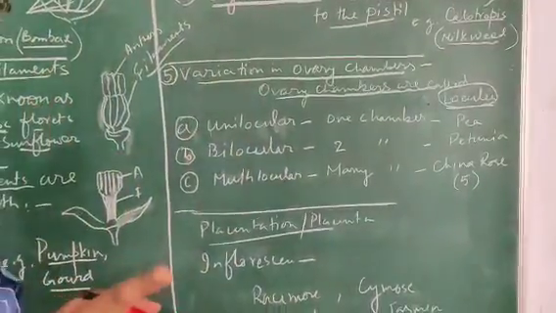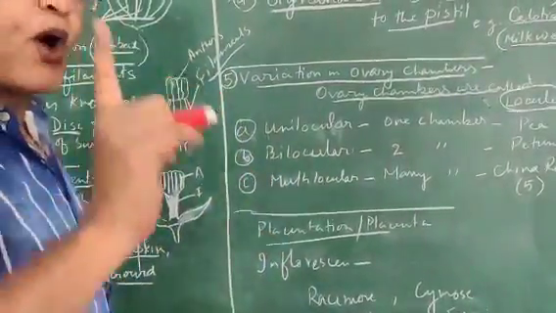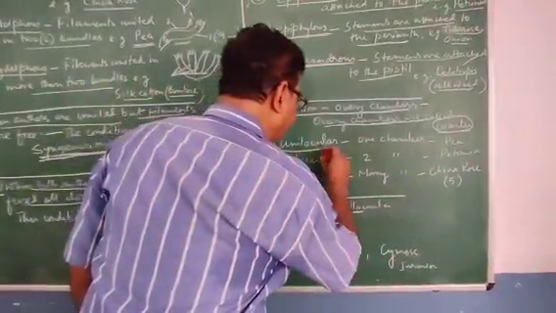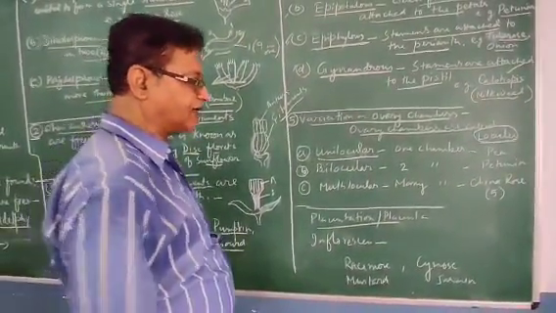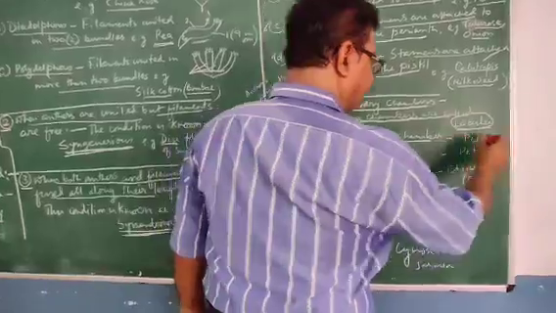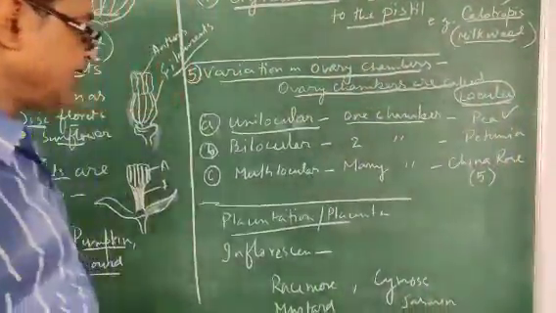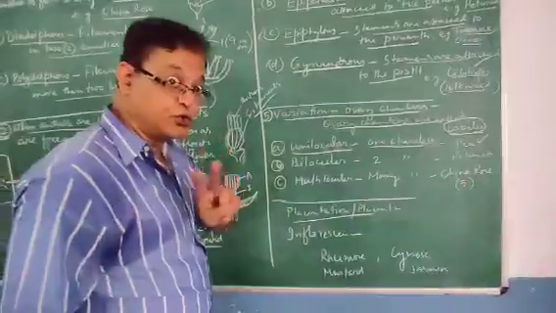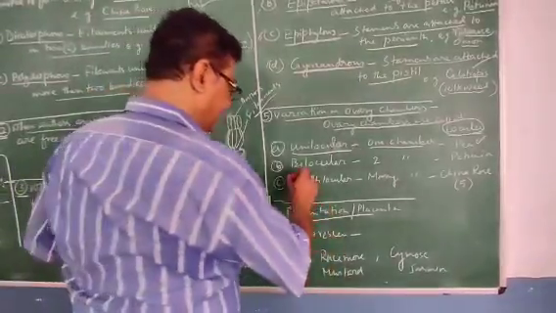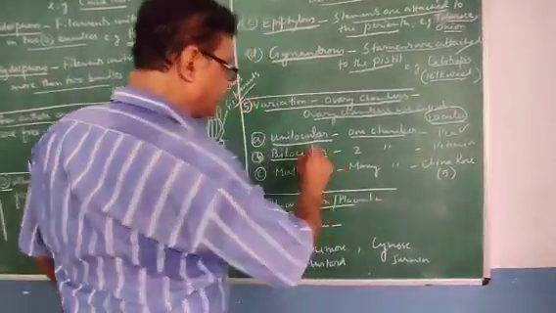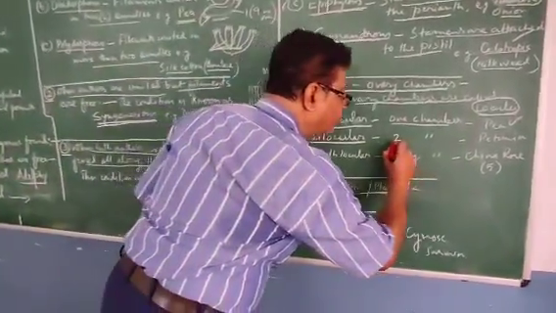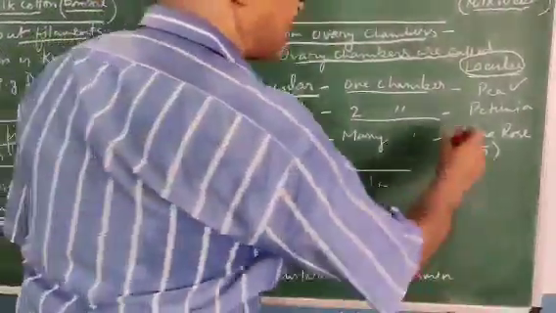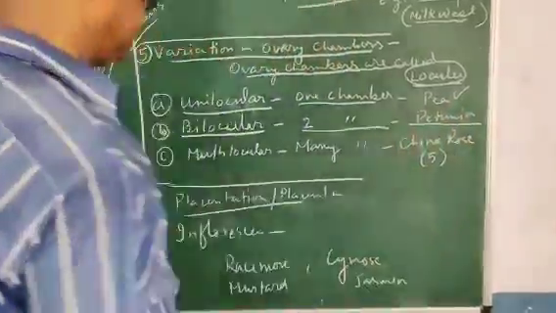If the flower has only one chamber, it is called unilocular ovary. If there are two chambers, it is called bilocular ovary, example petunia.